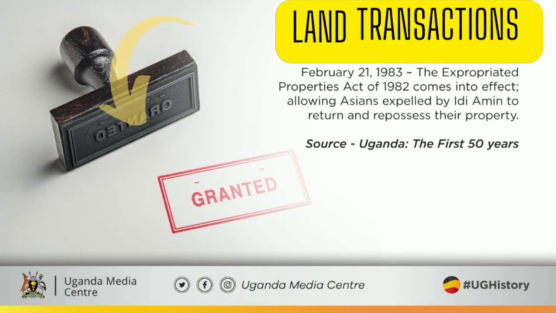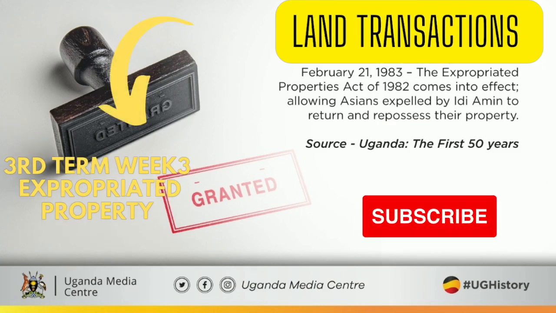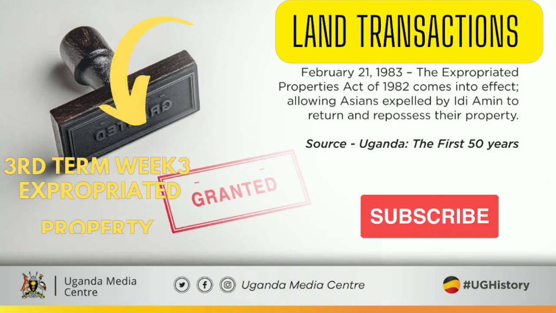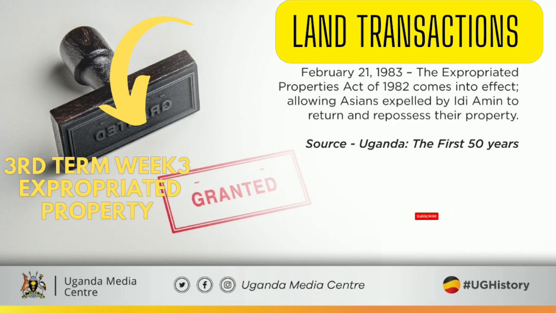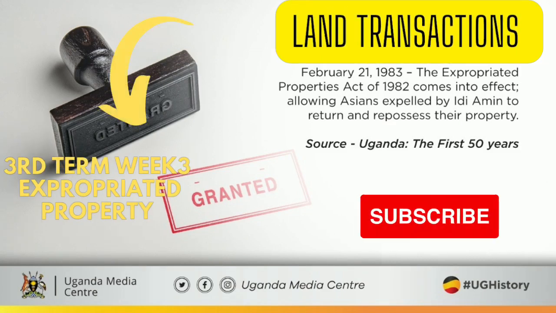So that means their lease was still running. It didn't expire. So that means for them, they fall under section 2, subsection 1. They had an interest that was expropriated. Because at the time of their leaving, they didn't declare their property.